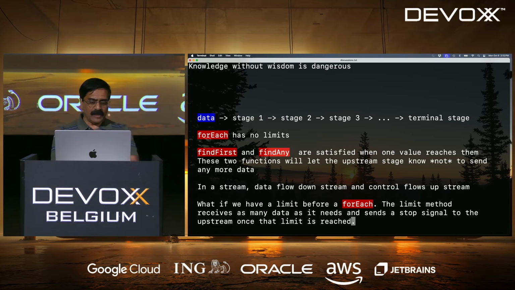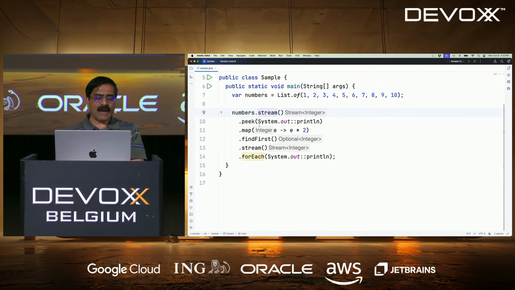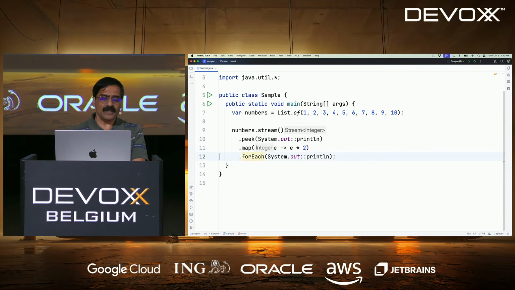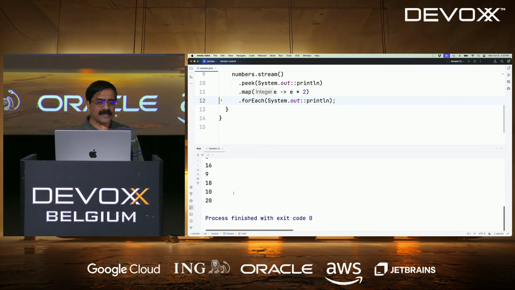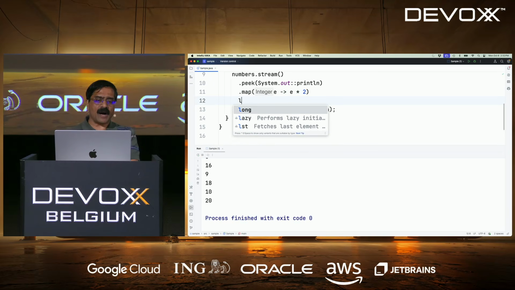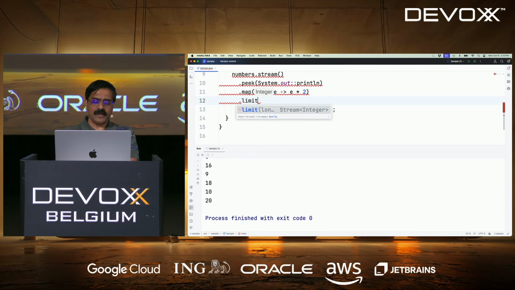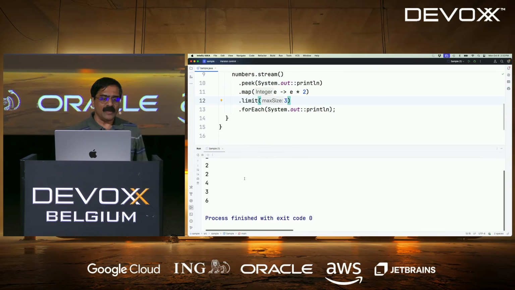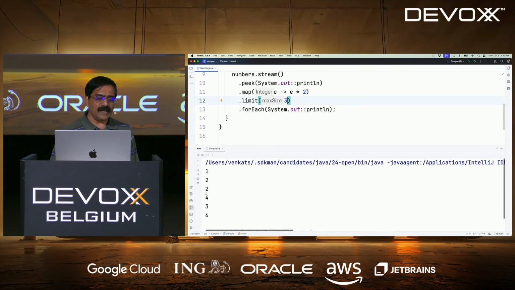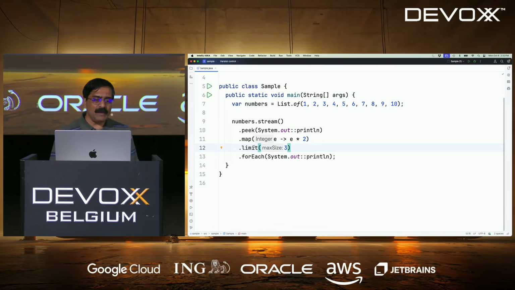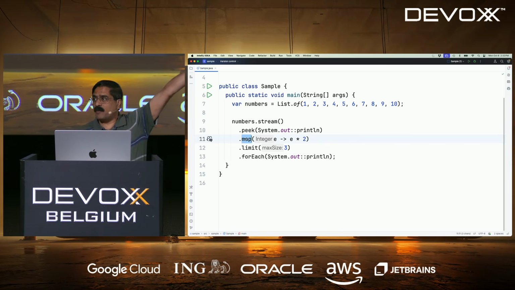So essentially, if you go back to this code, you have a for each, as you can see here. This is going to just print all the values as it did, but I'm going to say dot limit in this case, and I'm going to limit this to, let's say 3 values, right? So if I run this code, you can see it printed only a combination of 3 values in the output. How did that happen? Well, the limit said to map, hey, I got 3 values, stop, don't send me any more. And that control flow goes back.